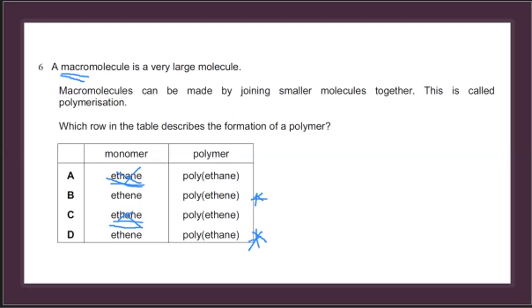So B, you have ethene, and it gives us polyethene, and that is the correct answer. If the monomer is ethene, it cannot give us polyethane because it's supposed to take the name of the alkene, which is ethene. So the answer is B as in boy.